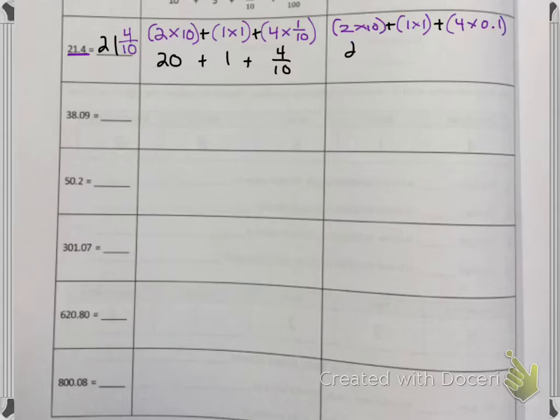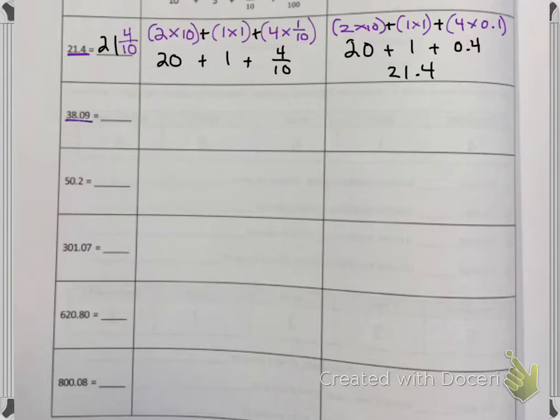This will equal 20, this will equal 1, and this will equal 0 and 4/10, which would equal 21 and 4/10. Okay? We are just showing equivalency and showing expanded form. Let's try the next one.